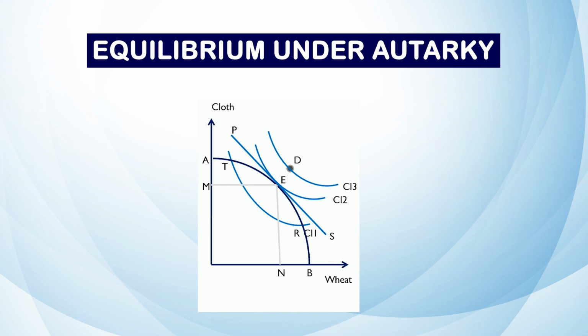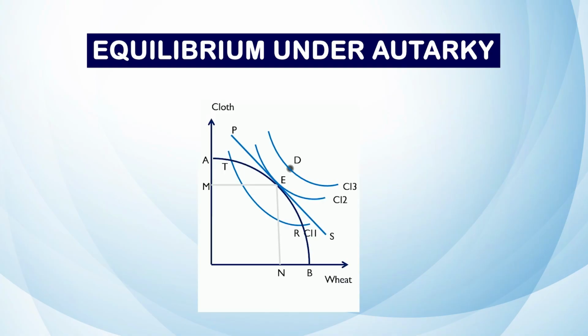Now, I'm looking at the same point E from a slightly different perspective. My community indifference curve is C12 and the slope of this community indifference curve at E is the MRS, marginal rate of substitution, that I have not explained here because I know that you are well acquainted with this concept from the very beginning of the microeconomics course.